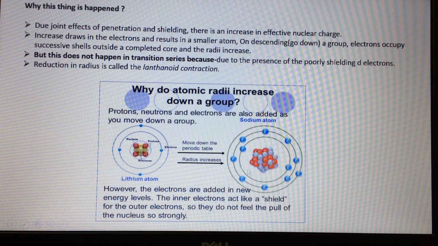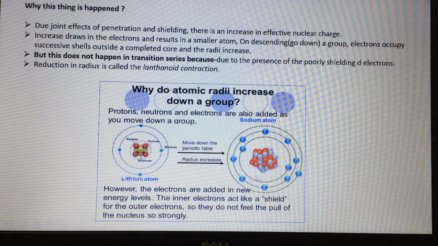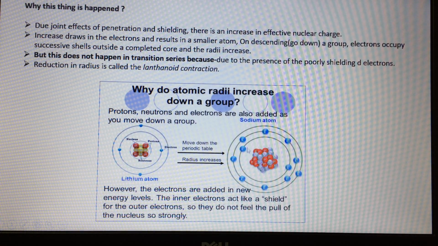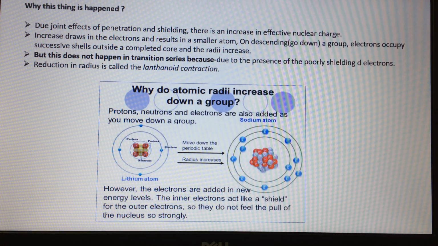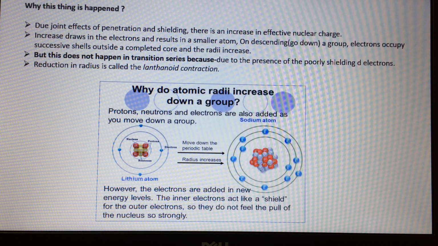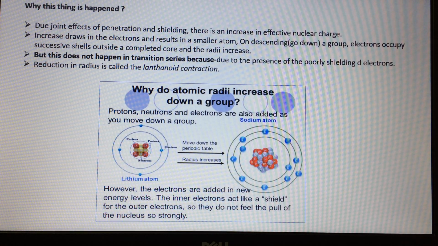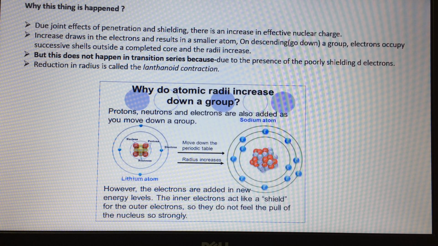If you see here, the energy level increases and more electrons, protons and neutrons are added here. So this is the reason why the atomic radii increase down the group.